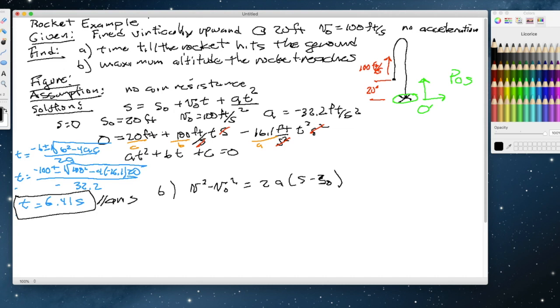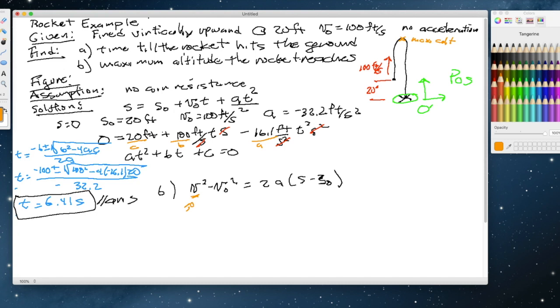And in this case, at its maximum altitude, the velocity is 0 at that point.